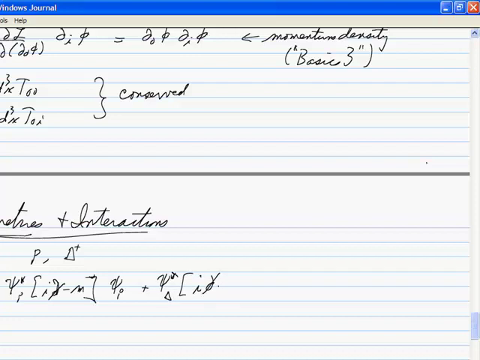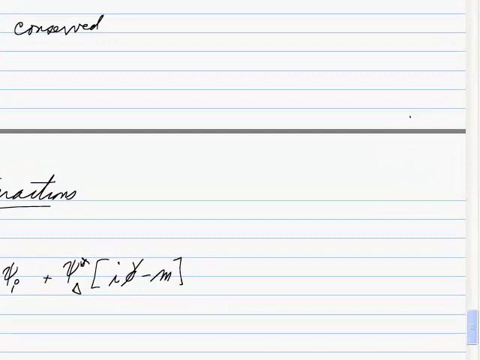I'm actually being a bit sloppy here because I don't really want to tell you how to write out the field for a spin 3/2. Delta carries spin 3/2, which I'm not that interested in right now. I don't want to tell you how to write that out. It has no deep meaning for what we're about to do.